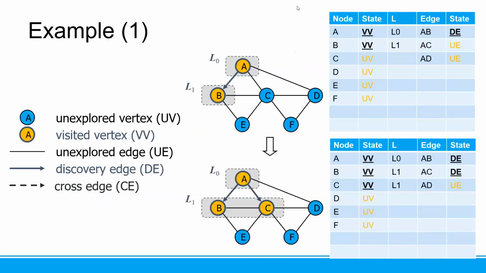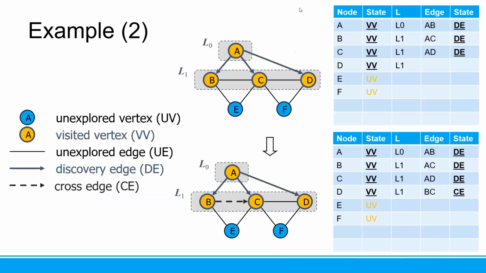In this case, we know that C is visited from A, not visited from B. Because we start from B and C is already visited from A, this edge now becomes a cross edge. So BC becomes a cross edge. Then we can continue.